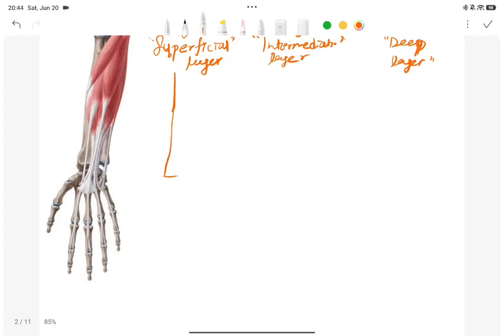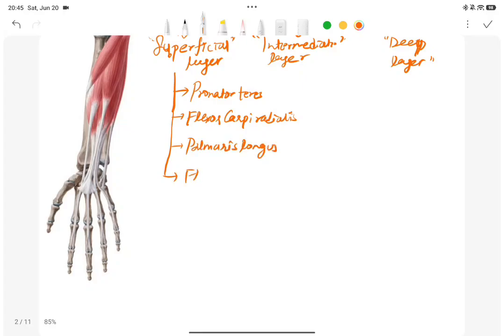सुपरफिसियल लेयरमा तिम्रो चारवटा मसल सम्झिनुपर्छ है: pronator teres, flexor carpi radialis, palmaris longus and the flexor carpi ulnaris, from the lateral to the medial side. यसरी तिमीले मसल्सहरू सम्झिनु पर्छ सुपरफिशियल लेयरमा.